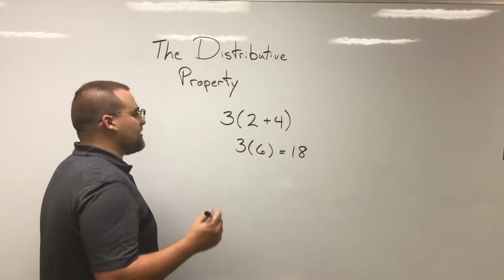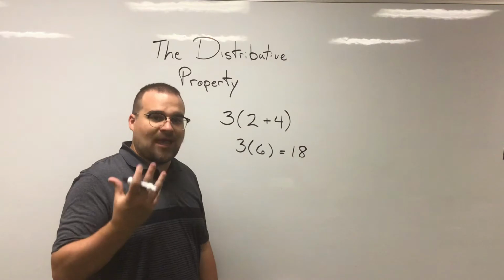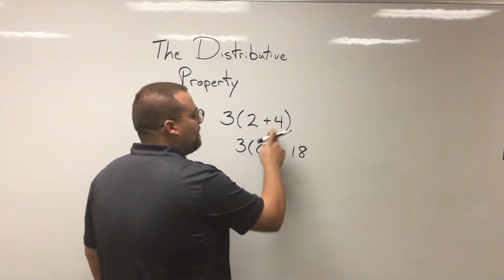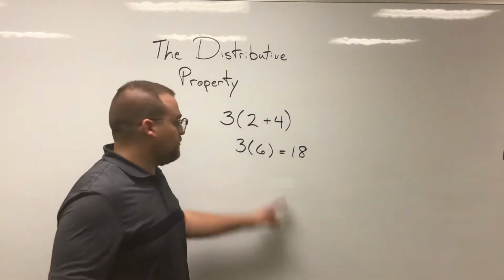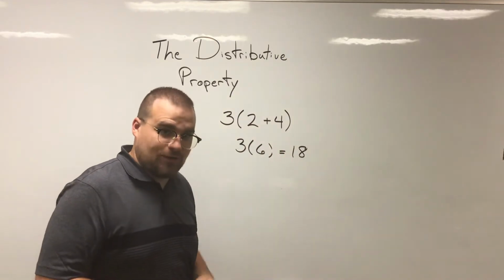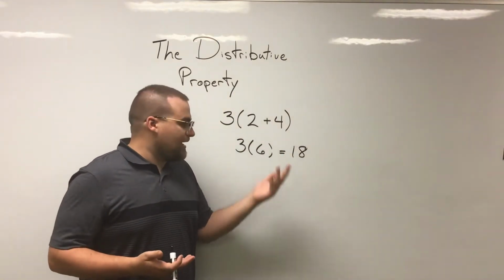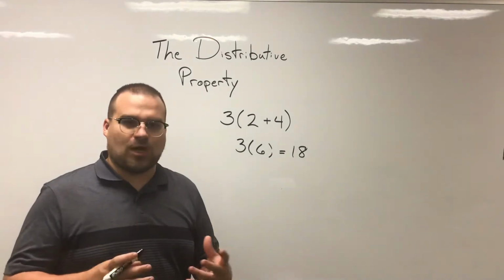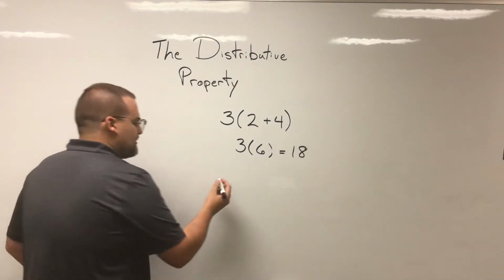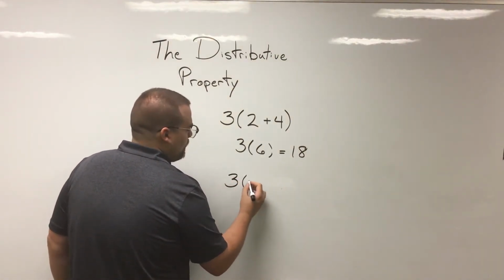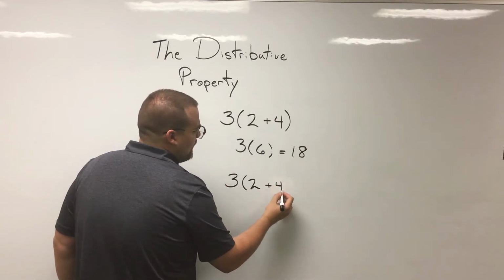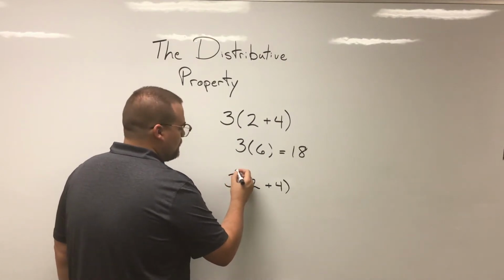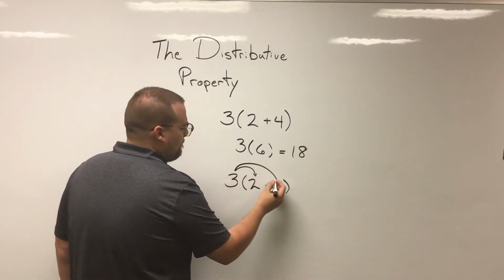The distributive property says you will get the same answer if you multiply this number on the outside by each individual term and then do whatever operation is right there as you would have otherwise. So we're going to test that theory. We're going to test the distributive property, the idea behind it. So again, it says that if we took this expression and instead of adding first and then multiplying, we went ahead and said this number on the outside, this 3, needs to multiply both of them.